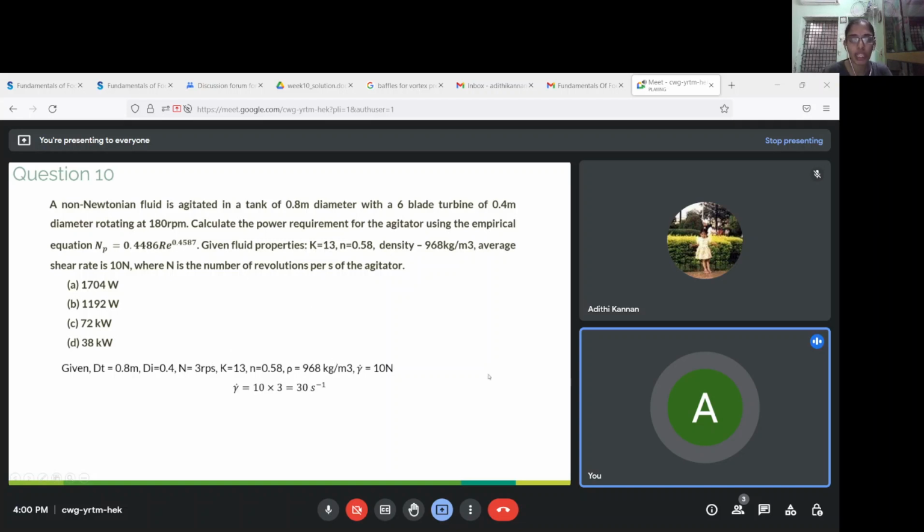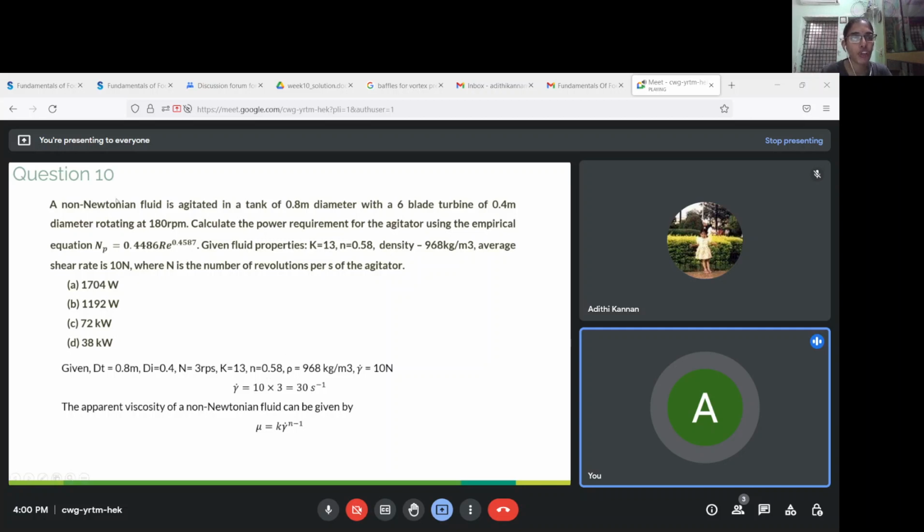So from this, we can calculate the average shear rate as 10 into 3 RPS. This gives you 30 second inverse. Irrespective of the kind of fluid you're dealing with, you can always assume that your shear stress is directly proportional to your shear rate.